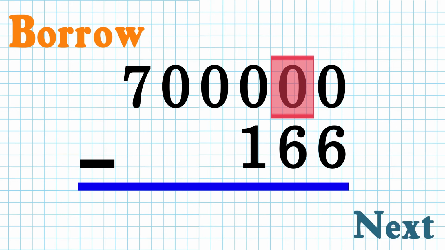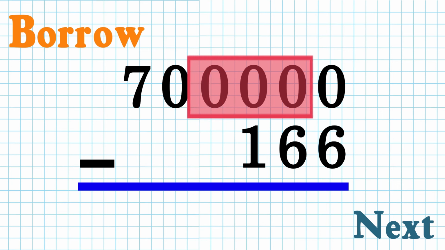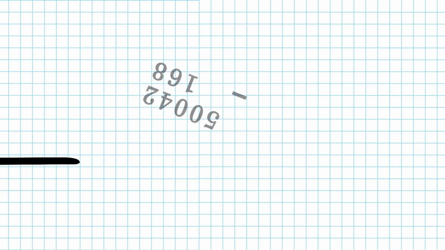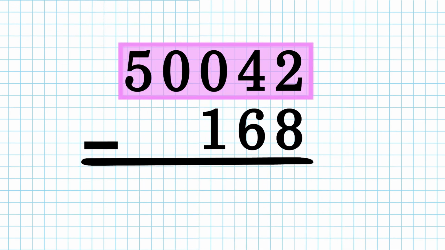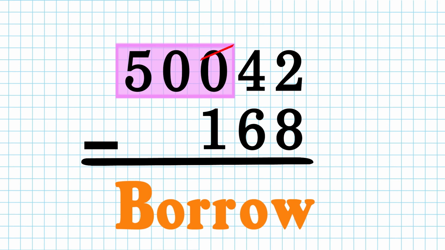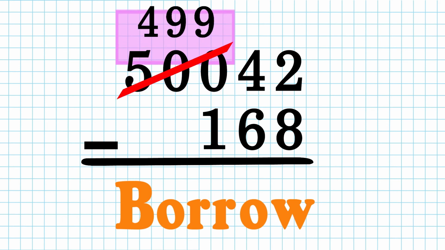In cases like this, where you need to borrow but there is a 0 in the next place value, you need to keep on moving to the left until you reach the number from where you can actually borrow, and count that as a whole. As in this case, 50,042 minus 168. You will borrow from a whole 500, take 1 away from it and make it 499.